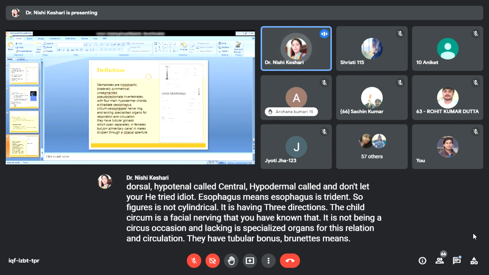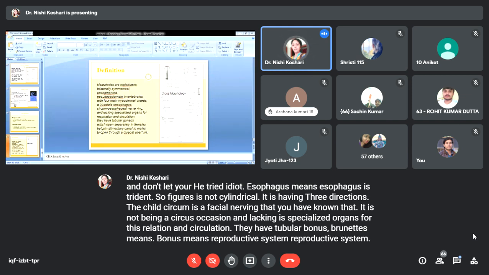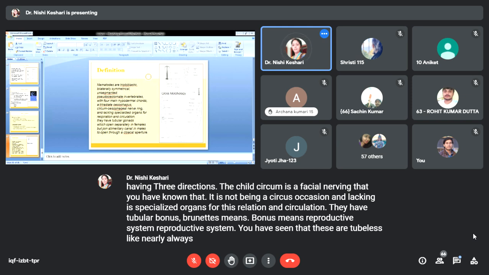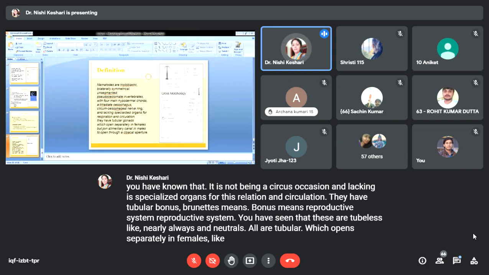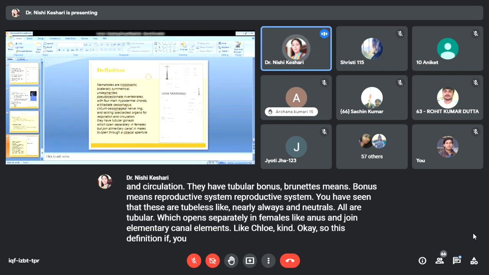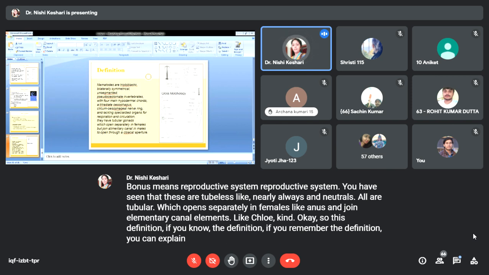Gonads means the reproductive system, and you have seen that these are tubular, like the ovaries and uterus, all tubular, each separate and independent, but joining to open through a single vulva. Okay. So you should remember this definition. You can explain the nematode body with it.